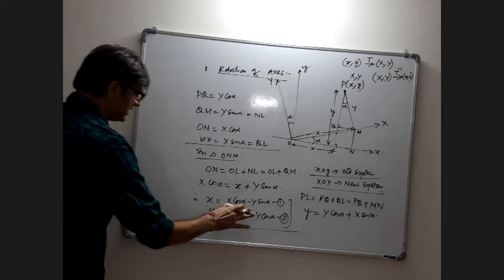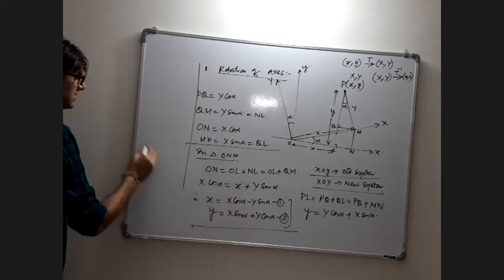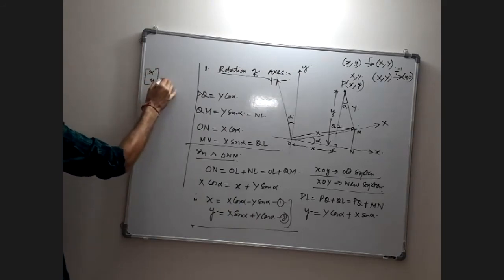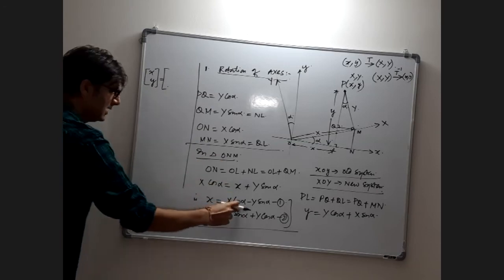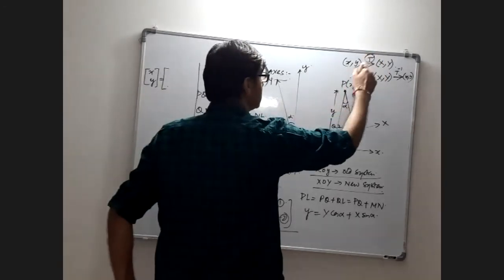Now, if we write this in the form of a matrix, since you are already in 12th standard, I believe you can write this in matrix form. What is the transformation matrix here?